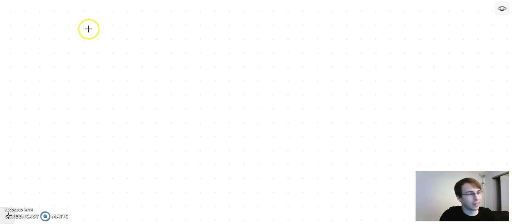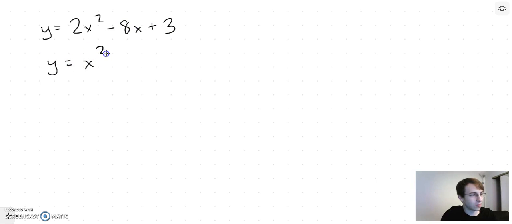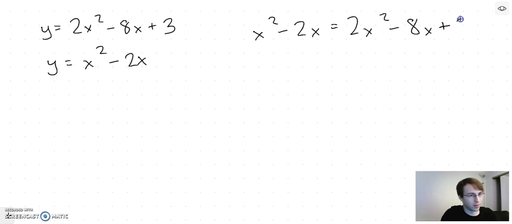So something like y equals 2x squared minus 8x plus 3, and y equals x squared minus 2x. Well, why don't we substitute this? So we can do x squared minus 2x equals 2x squared minus 8x plus 3.